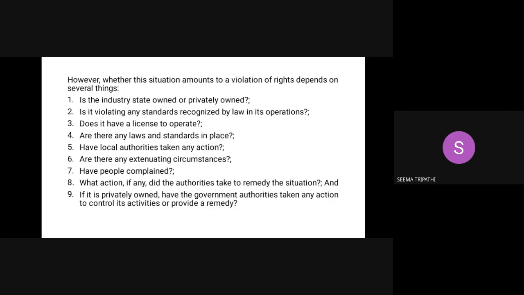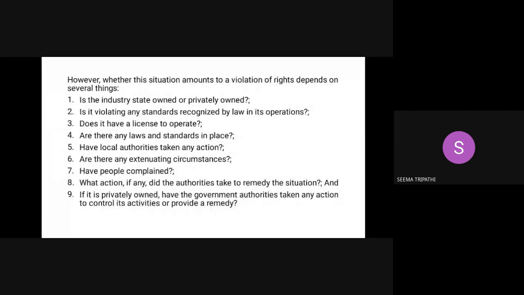Is it the government, or is it a private industry? Why are they violating the laws which should have been enforced by the government, or which have been in practice by the government? Why are they breaking those laws?